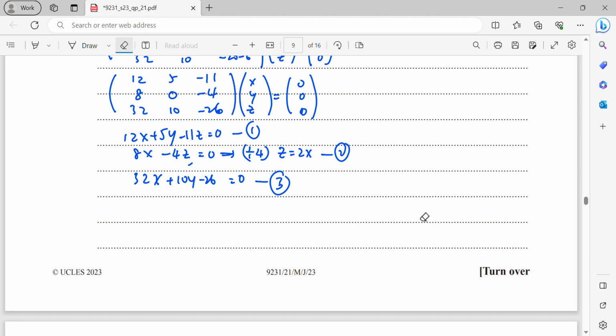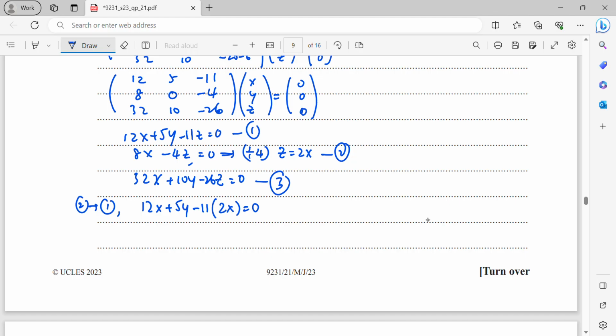So now I will solve this first. It means I substitute second into first equation and substitute second into third equation. I solve the simultaneous equation first to double confirm my assumption just now. So I substitute second into first. I will get 12x plus 5y minus 11 brackets, the z will be replaced by 2x.